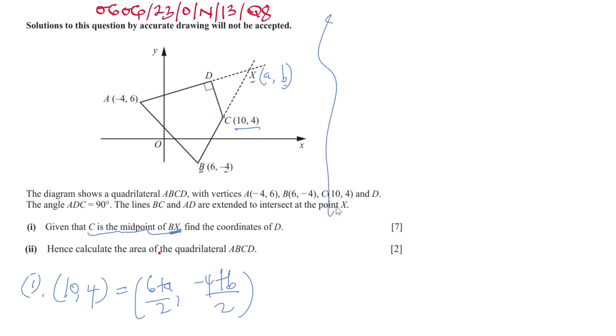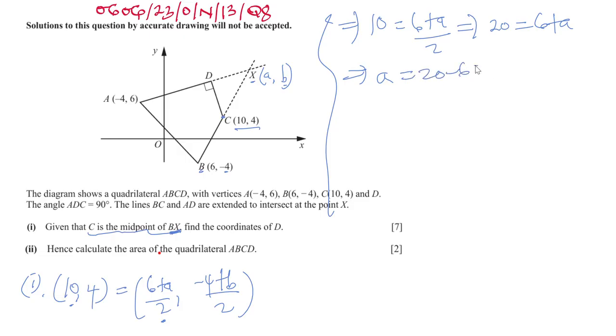So all this implies is that 10, which is the x coordinate at the left hand side, should be the same as the x coordinate here at the right hand side. Multiplying both sides by 2 to clear the fraction, you are going to get 20 equals 6 plus a, which in turn gives the value of a to be 14.